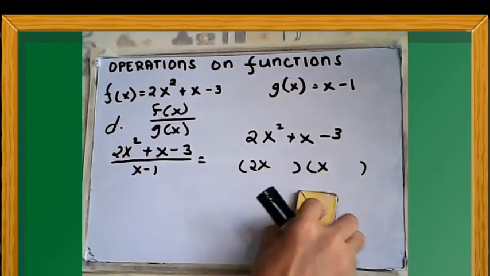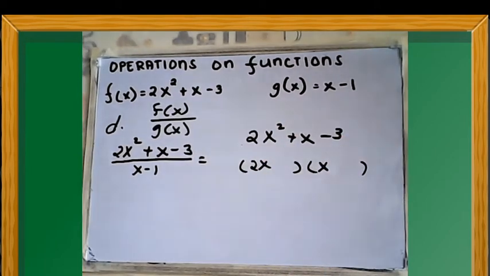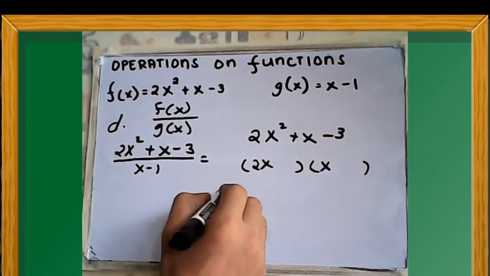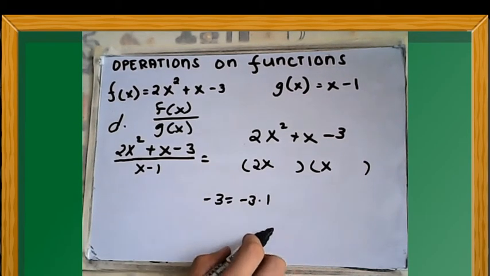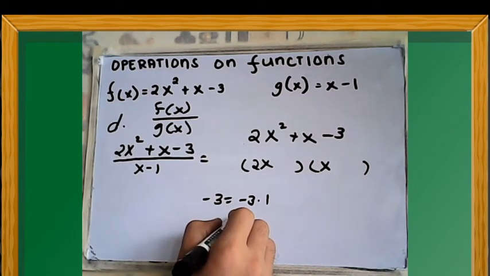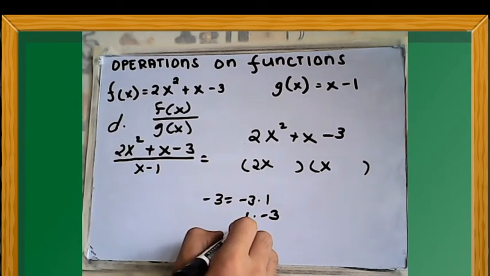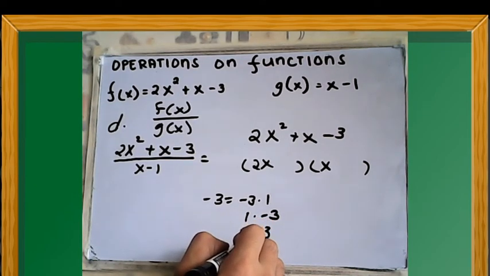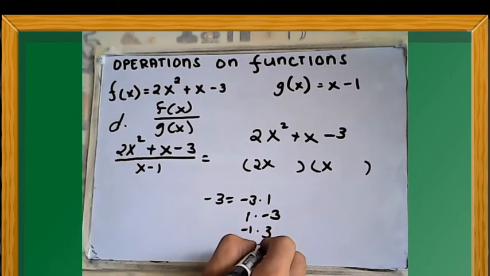Next, proceed tayo dito sa negative 3. So hanap tayo ng factors ng negative 3. Ang factors ng negative 3 ay negative 3 multiplied by 1, 1 multiplied by negative 3, negative 1 multiplied by 3, and 3 multiplied by negative 1.